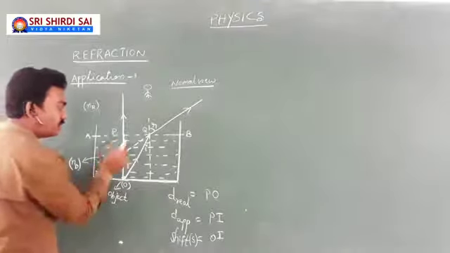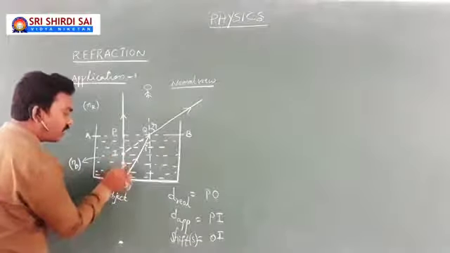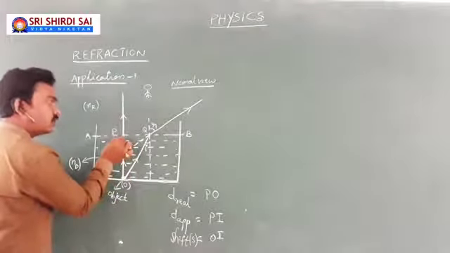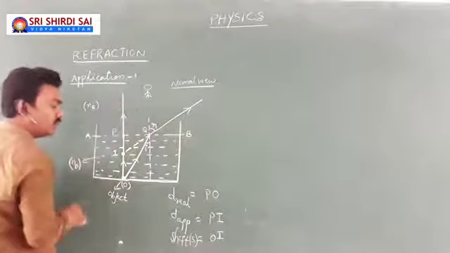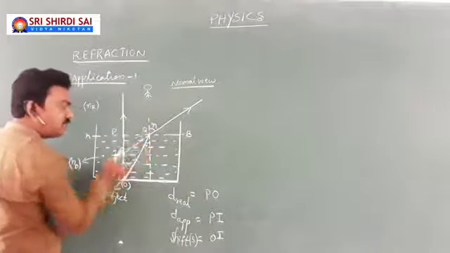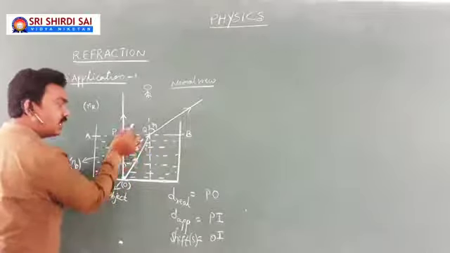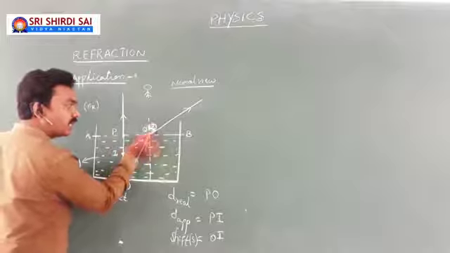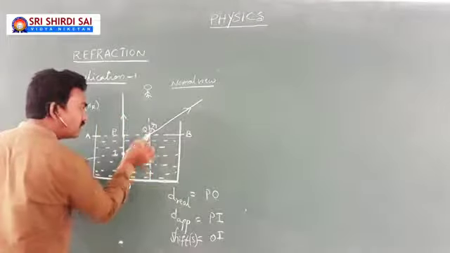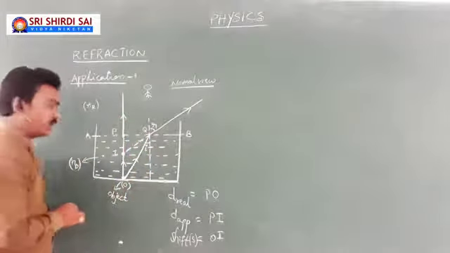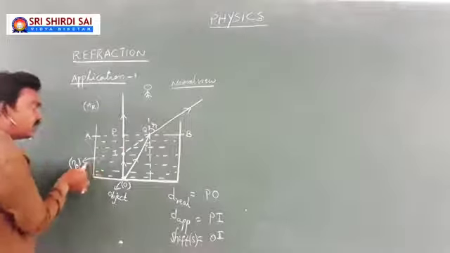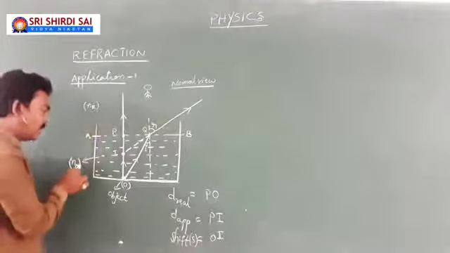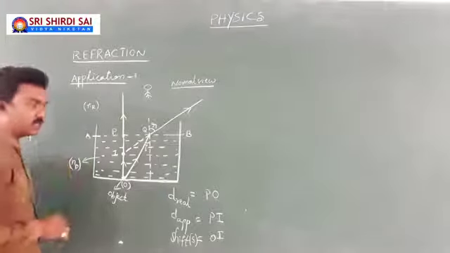P is the point of incidence where the light ray goes for normal incidence on the interface, goes straight without any deviation. Q is another point of incidence at a water-air interface. Light falls at an angle i and refracts at an angle r. i is the angle of incidence, r is the angle of refraction. And here this is denser medium and here it is rarer medium, and the respective refractive indices.